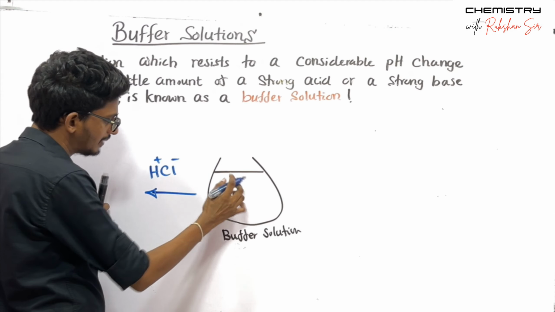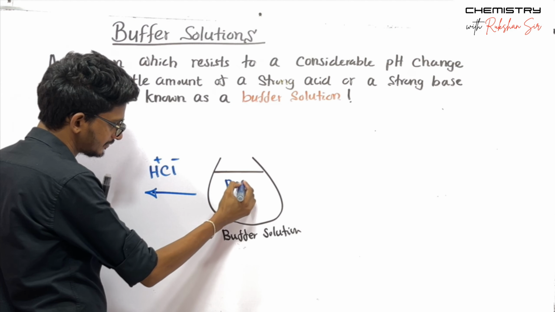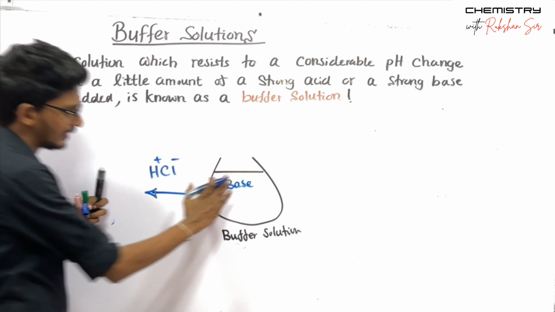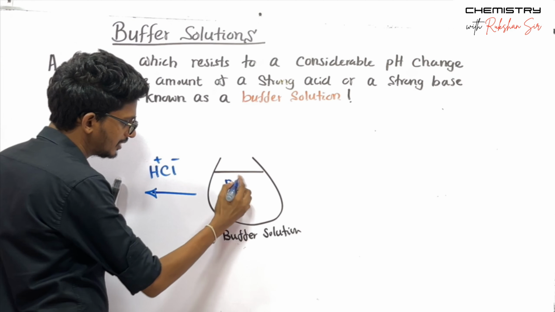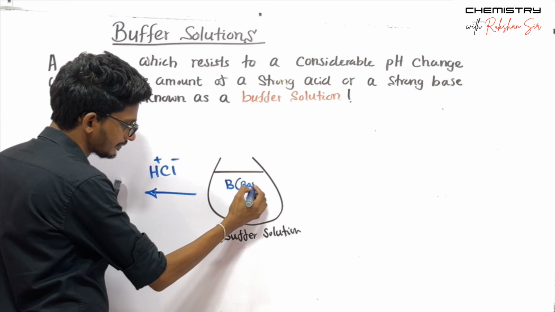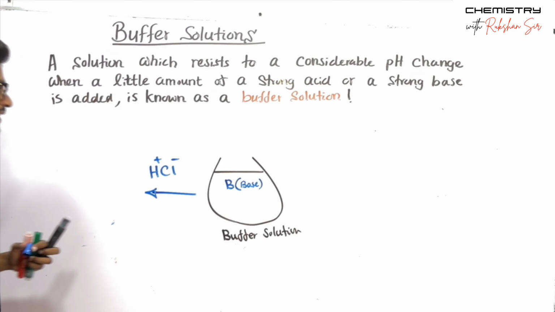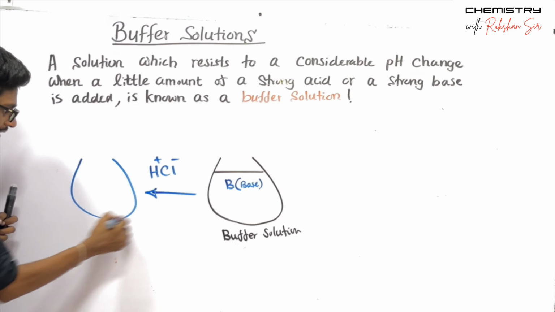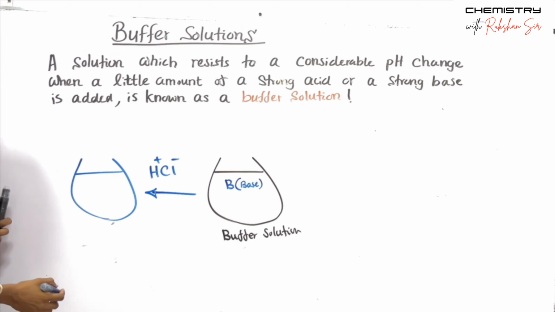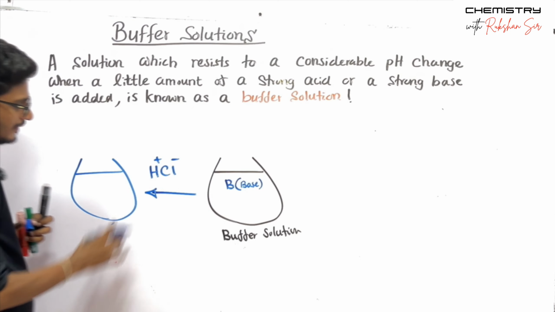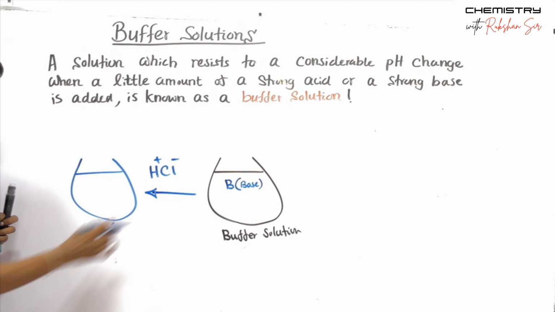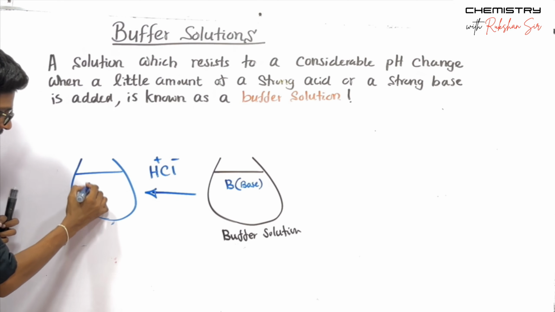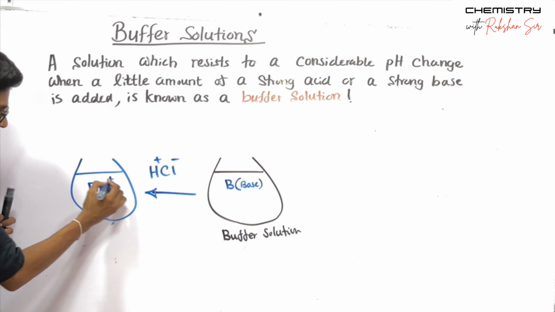It should contain some base here, right? I'll consider it as just B, so that it will react with this added H plus, and you won't observe the appearance of H plus here. So after adding H plus, it will give you BH plus.